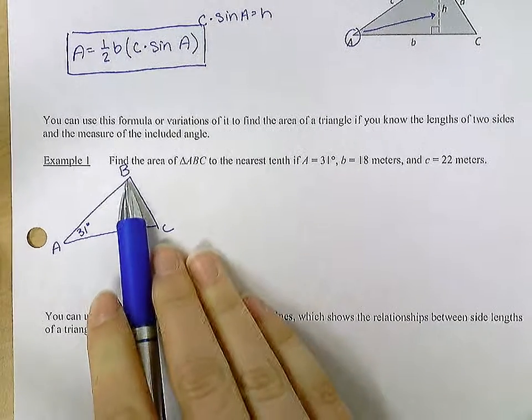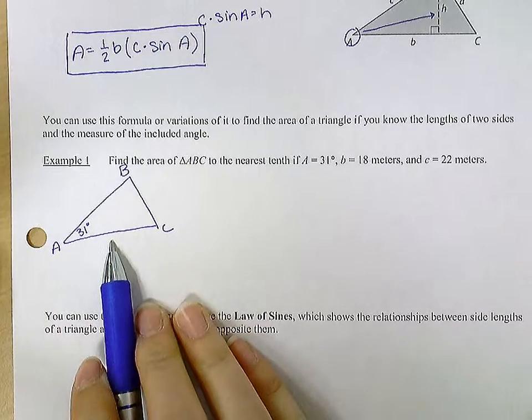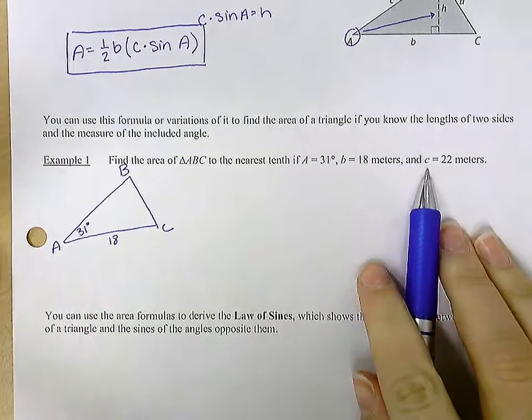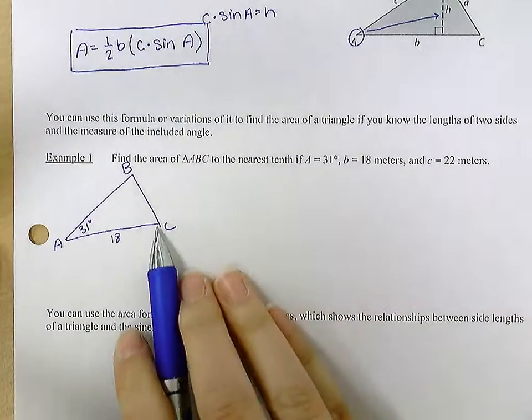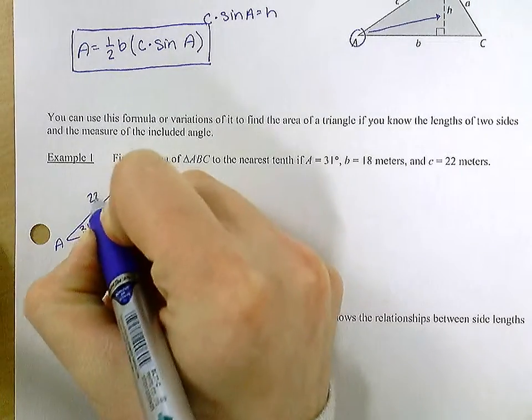Lowercase b is always opposite uppercase B. So it's that side opposite that angle we labeled as B. So that would be 18. Same thing with lowercase c here. It would be opposite to that angle C. So this one is 22.